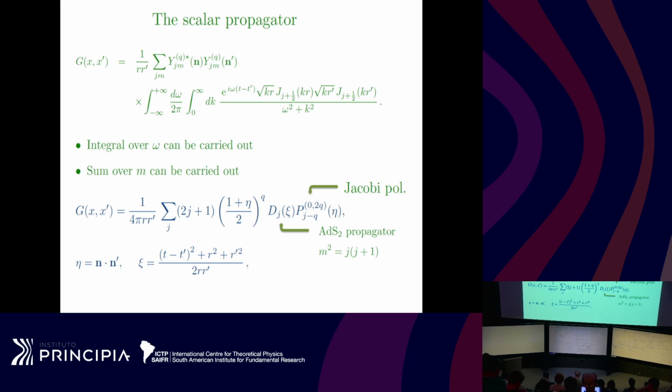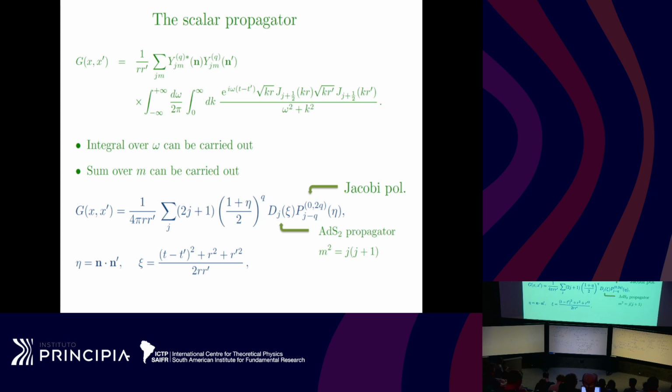So the full propagator is a product of a spherical propagator and an AdS2 propagator, which is of course to be expected given the symmetries of the problem. We have an AdS2 space, an auxiliary AdS2 space, which has the line as its boundary and the distance as its radius. But it also comes out very explicitly, like here.